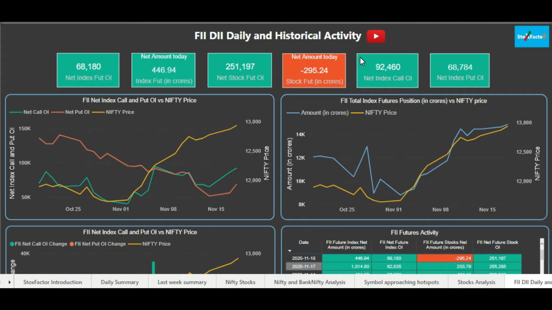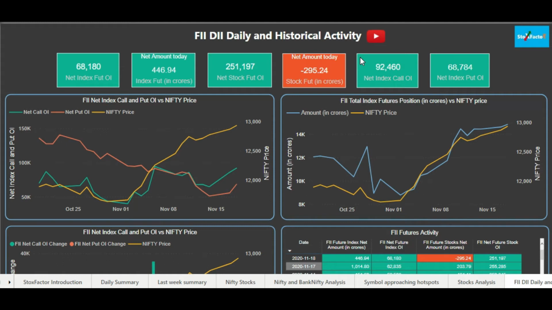This tells you today's number, meaning whatever positions they have sold on the stock side. So combining all the FNO stocks, FIIs have slightly reduced their positions on the stock futures. This number 295 crores means they have sold this much net amount of positions on the last trading date.